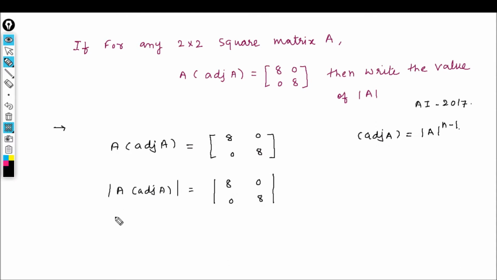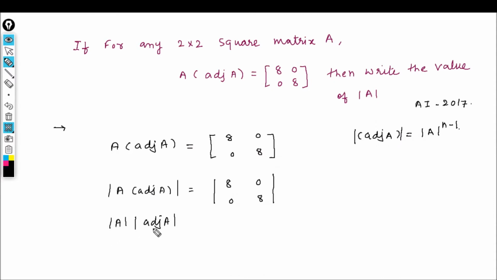तो देखिए बच्चों, इसको मैं लिख सकता हूँ determinant of A into determinant of adjoint of A. So determinant of adjoint of A is equal to determinant of A raised to n minus 1, where n is the order of this matrix here.